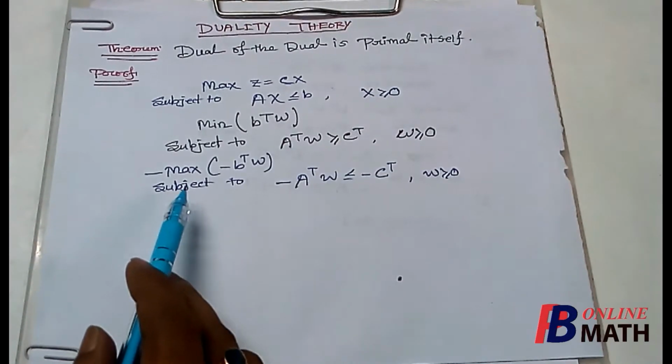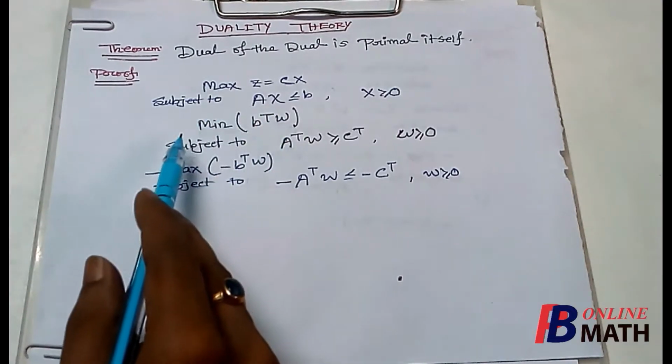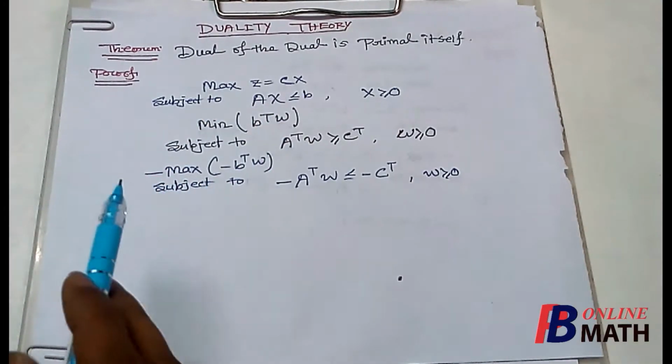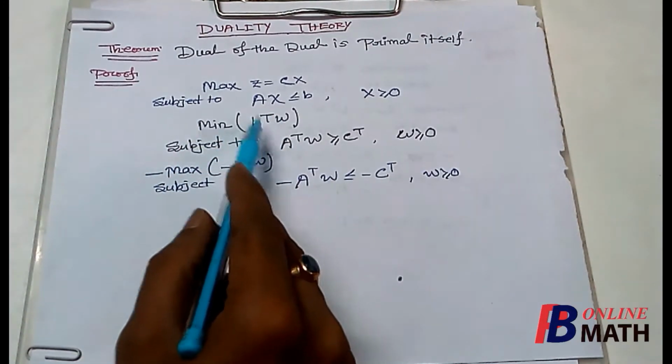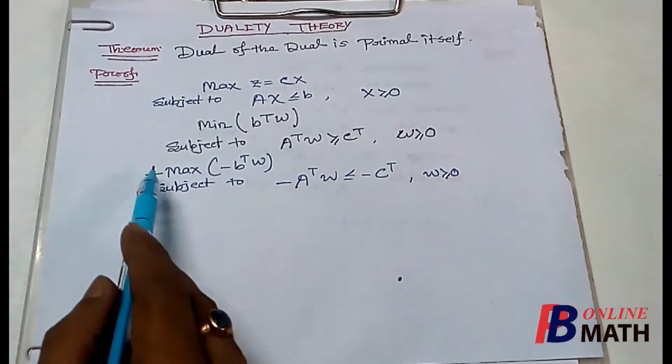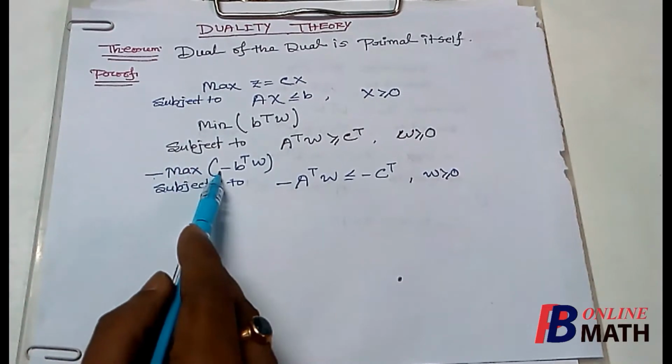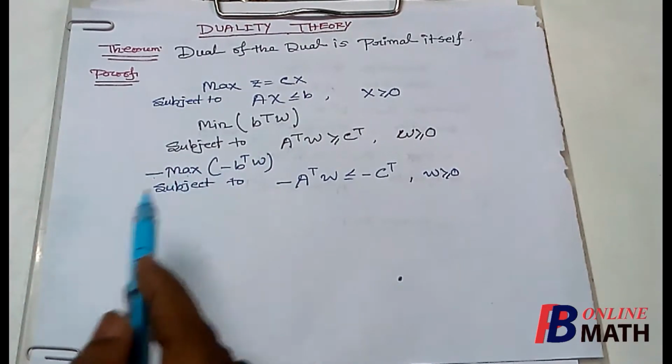Here we have just expressed this minimization problem as a maximization problem. We know that minimization of this objective function will be minus of maximization of minus this objective function.